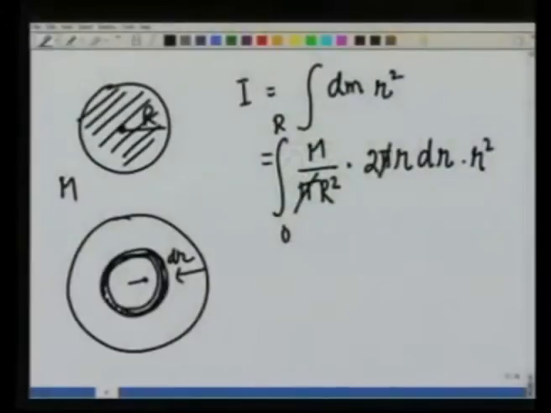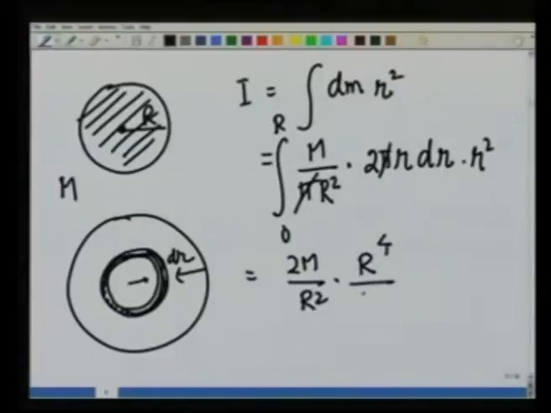And what I get is, this pi cancels, 2 m over r square times r raised to 4 divided by 4, and the result comes out to be m r square by 2.